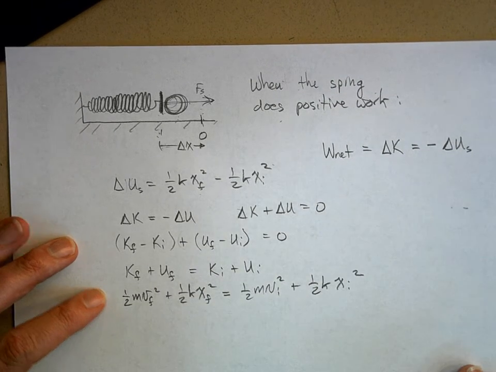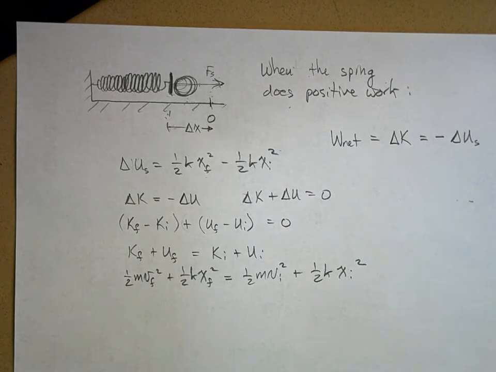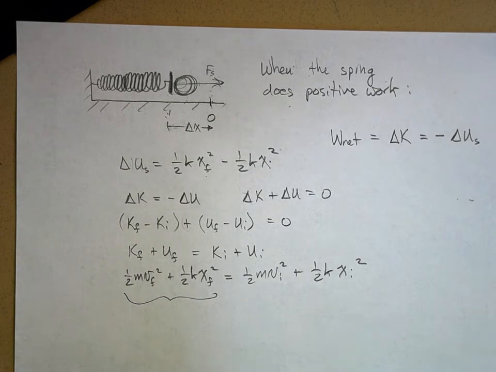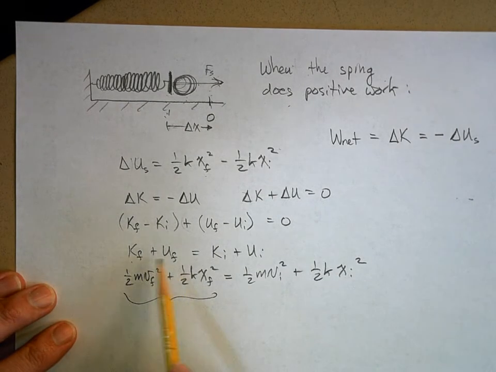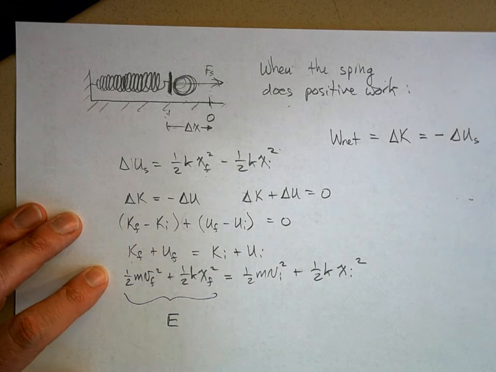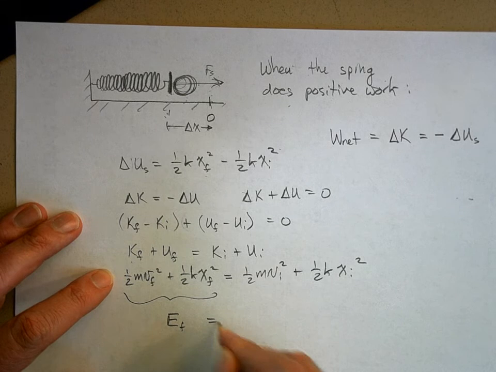It's a lot of writing, sorry. Well, this is the total mechanical energy. This is the kinetic energy plus the potential energy. That's E final equals E initial.